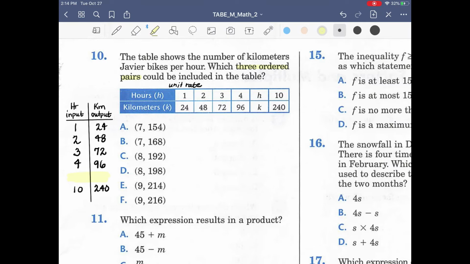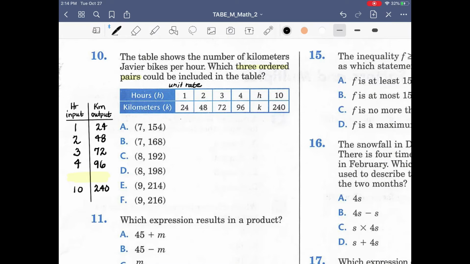So we know that any of these inputs could fit. 7, 8, and 9 are all in there, so any of them could. Any of the outputs could fit. 154 to 216 is in that yellow range. So we have to figure out which one fits the relationship. To do that, what you want to do is set up a formula.